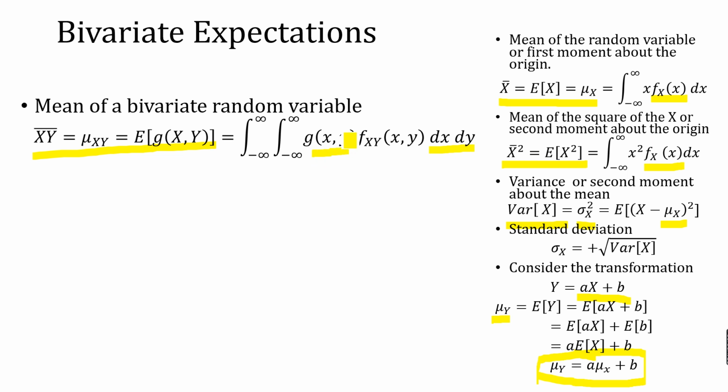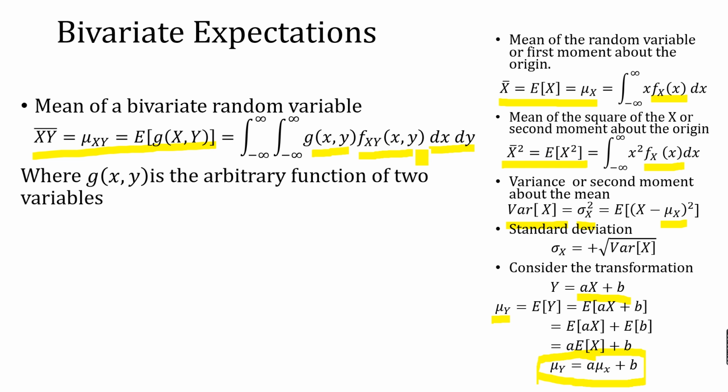So g of xy is an arbitrary function defined in terms of x and y, and f of xy is called the bivariate probability density function. So this is called the mean of a bivariate random variable.